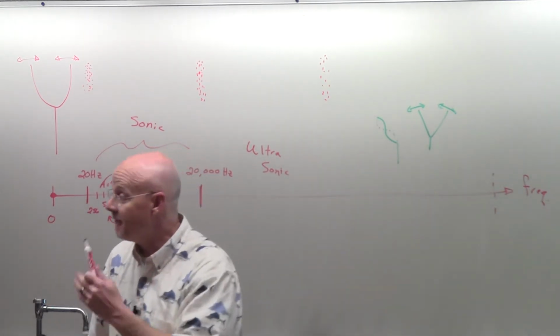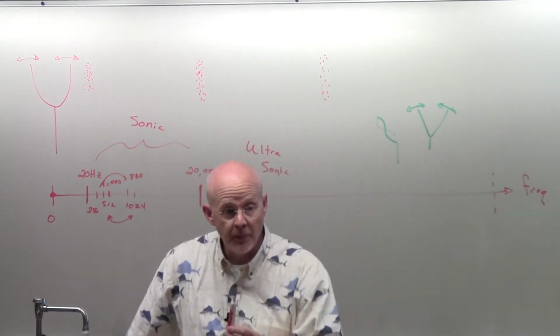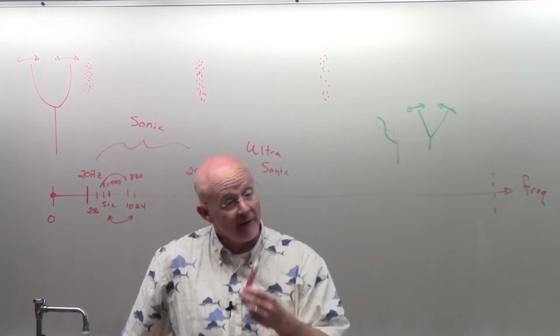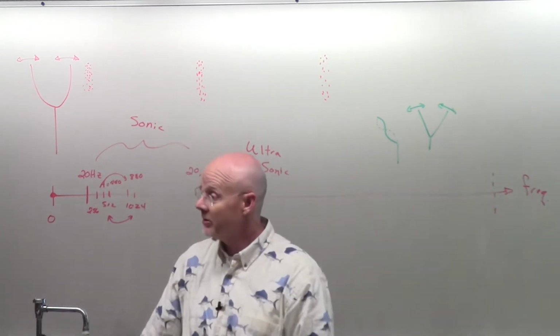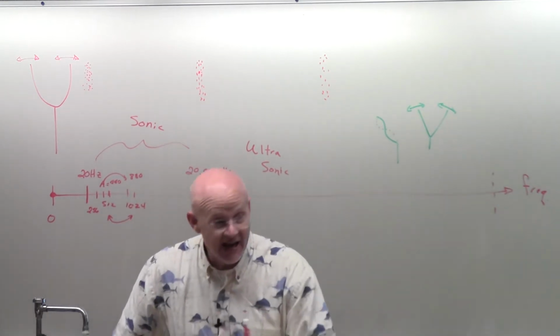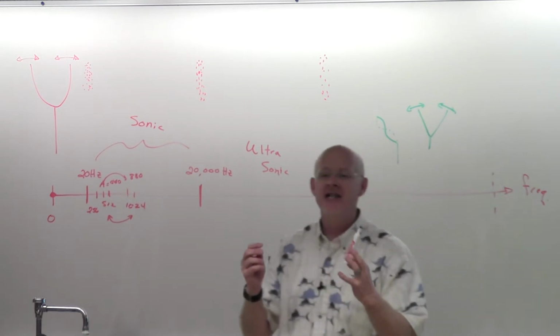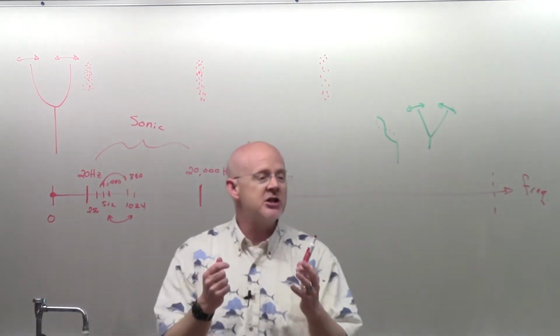Right? And I'm talking about the frequency of the wave. We reserve the word supersonic for things that travel faster than the speed of sound. These are all waves. They all travel the speed of sound. None of these waves are going faster than sound. They are not supersonic. They do not travel slower than sound.